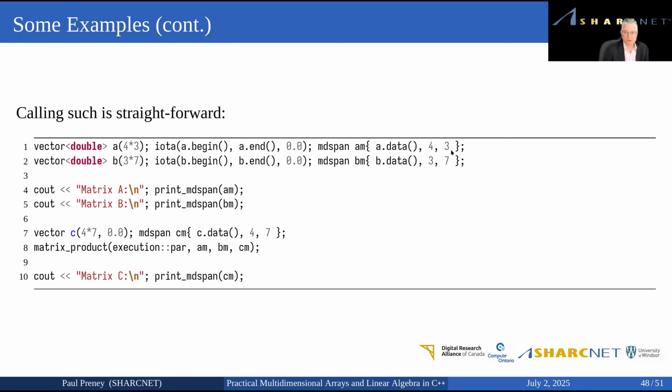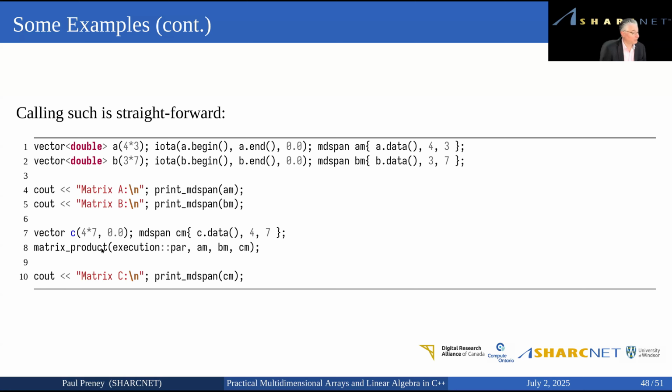So you can see the dimensions here though. I don't have to worry about the actual sizes and all that other stuff. And I can print them out with that routine I just showed you. So lines 4, 5, and 10 here, print them out. Awesome. So if I make C, which should be 4 times 7 elements, because I'm multiplying the two of these, this is what I can do.